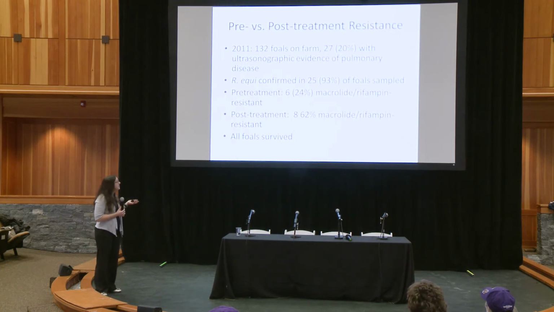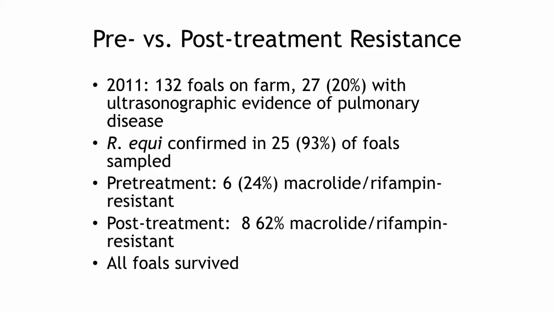So in 2011, they did this prospective portion of the study. They had 132 foals on the farm. Of those, 20% had abscesses on ultrasound. Rhodococcus was confirmed in 25 of those 27 with the transtracheal wash. And so pre-treatment, they had 6, or 25%, of those that were resistant.